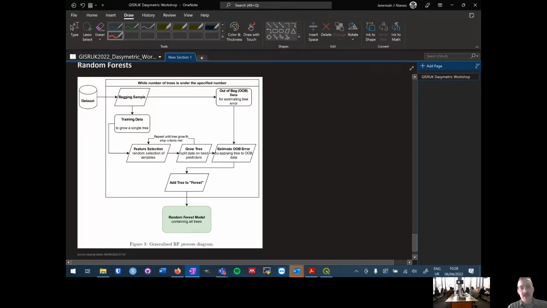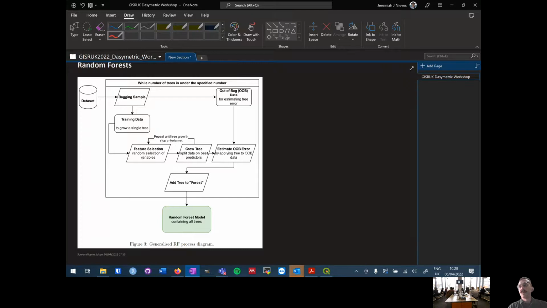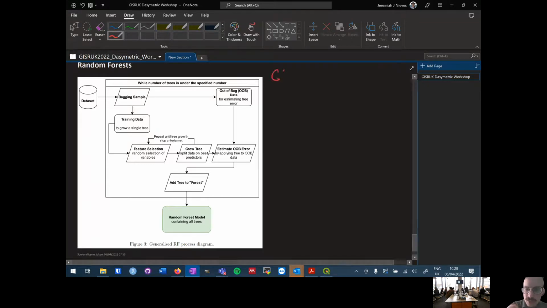A random forest is what's known as an ensemble method. An ensemble method takes many independent models and brings together all of their predictions in some way. A random forest is an ensemble, or a collection, of individual classification and regression trees, or CARTs.